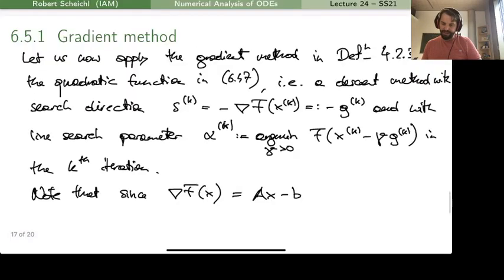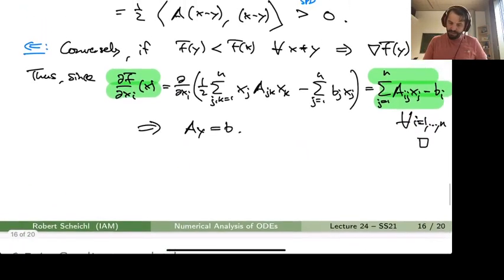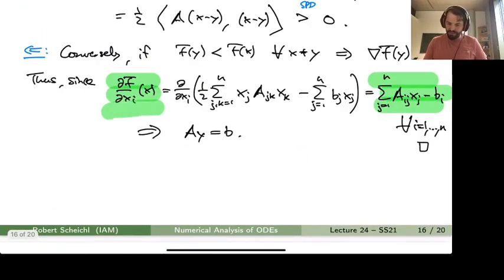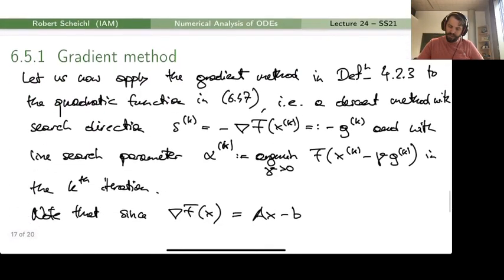So let's look back here. We've seen that the derivative of f in the direction xi is the ith row of Ax minus b. And so we're going to exploit that now.